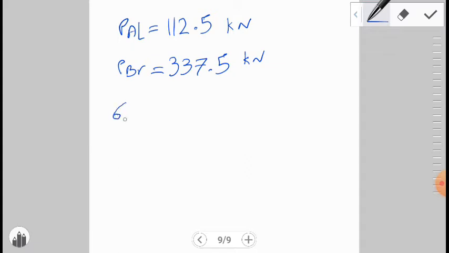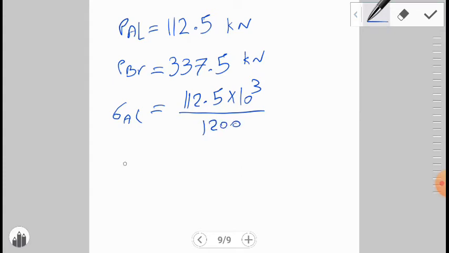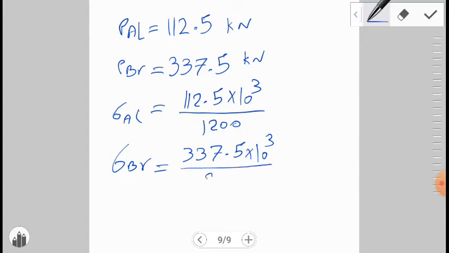Sigma aluminum is equal to 112.5 kilonewton converted to newton divided by area 1200, and sigma brass is equal to 337.5 kilonewton converted to newton divided by 2400.